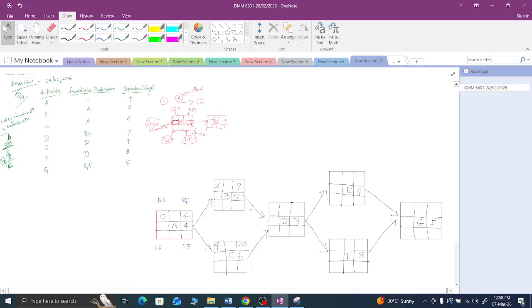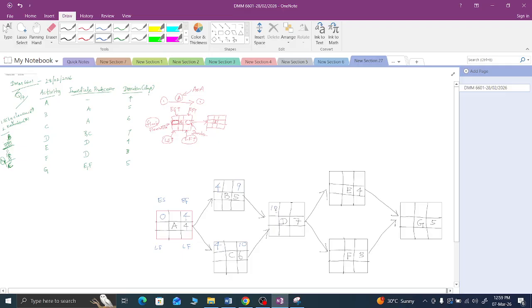The sequence says after C and B. So you take the bigger one from this column, 9 and 10. Only after the 10th day can you start D, right? If you start after the 9th day, you can't complete C by that day. That is the problem. So here you have to put 10, the maximum one from this, right?